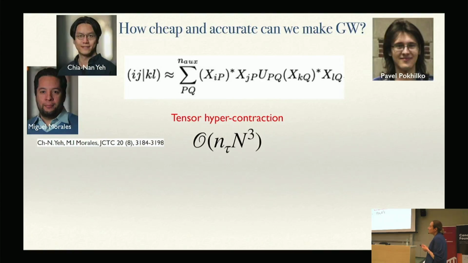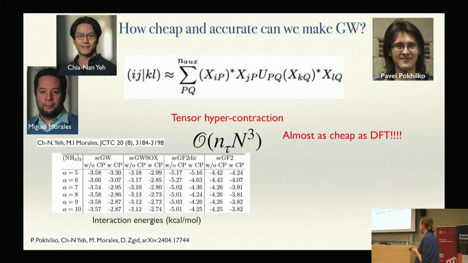Then the whole method starts to scale after this tensor hypercontraction as n cubed times this n tau, but this n tau can be made embarrassingly parallel. So that starts to be almost as cheap as DFT, I would say. And this is actually accurate enough.